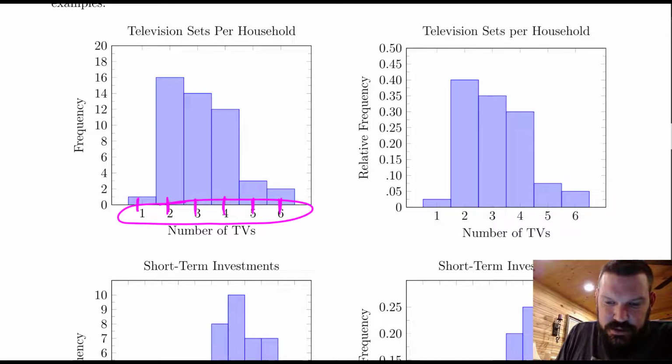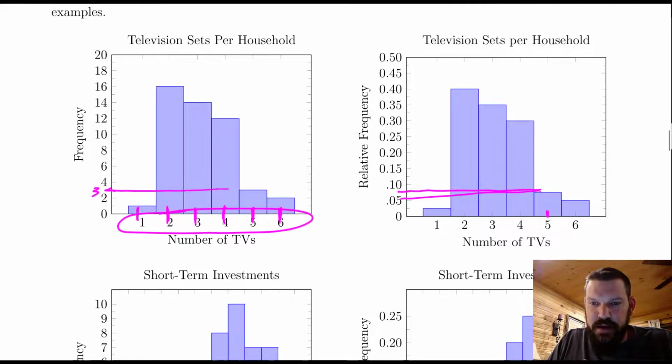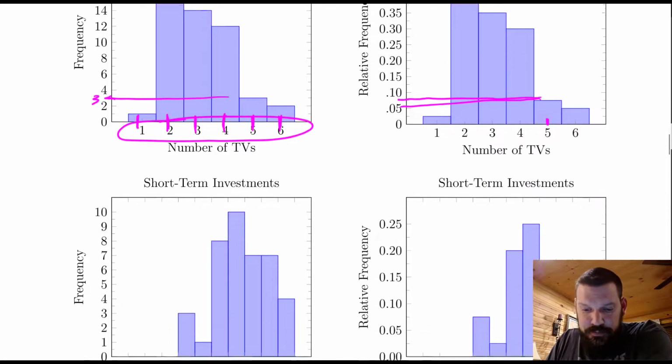And that allows us to just see, so let's say we're looking at 5, the relative frequency for 5 is right here at 3. Same thing happens when we look at the frequency. The relative frequency for 5 is, that's a terribly drawn line, right at about 0.075 approximately. We have the exact values up on our table.